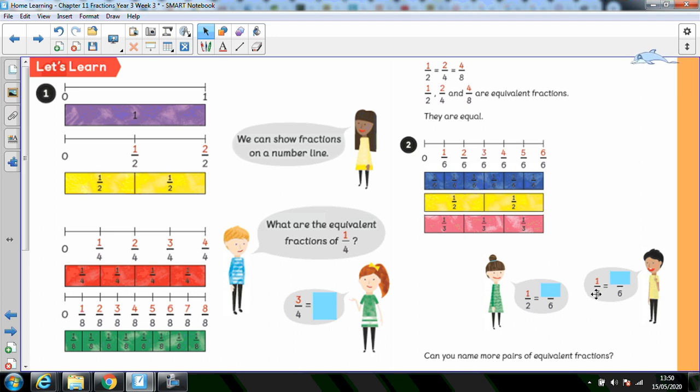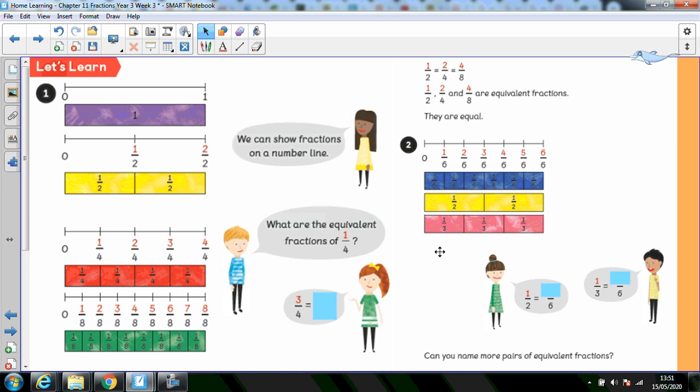Ravi's looking at a third. Can we find it? And he wants to know what that's equal to when we count in sixths. Yeah, it's 2 sixths. So maybe you can name more pairs of equivalent fractions. And if you want to add that to your journal, you can do that now.